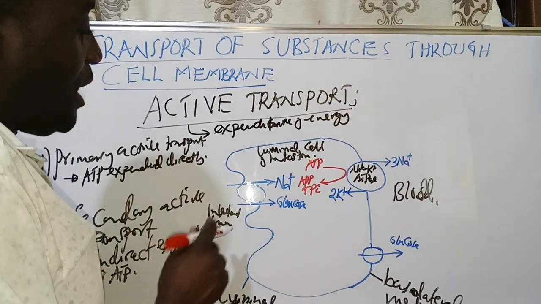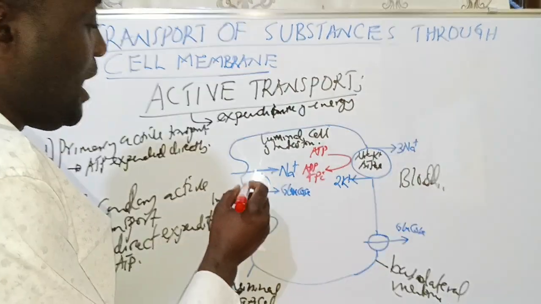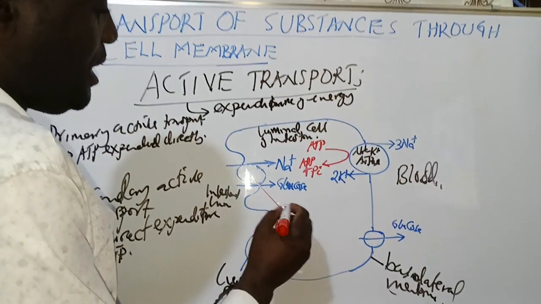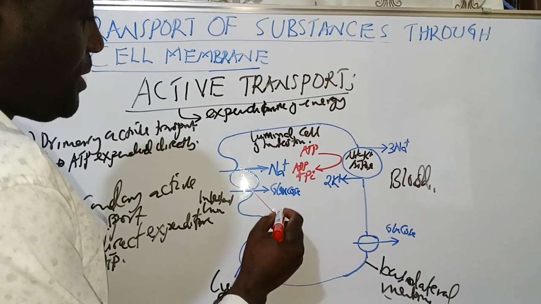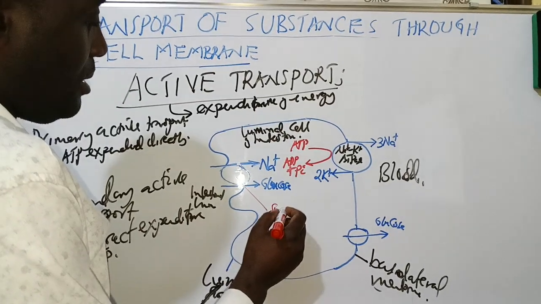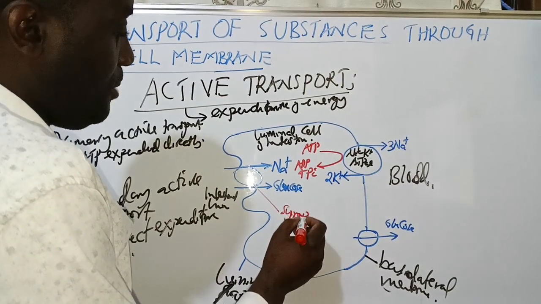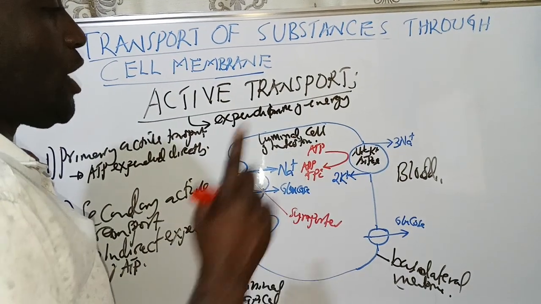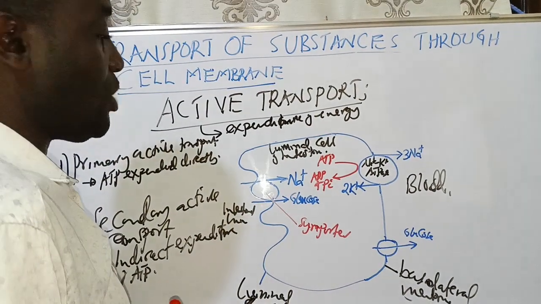Reaching the luminal membrane, there is a protein here. This protein here is a symporter. By symporter, I mean it transports two chemical species in the same direction.